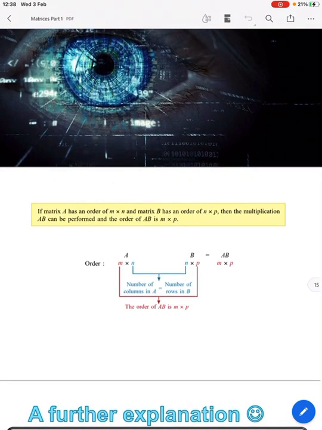Okay, if matrix A has an order of m by n and matrix B has an order of n by p, then the multiplication AB can be performed and the order of AB is m by p. Did you get that? m by p is the order of the product of matrix A and B.